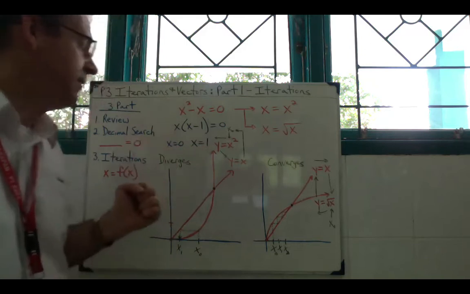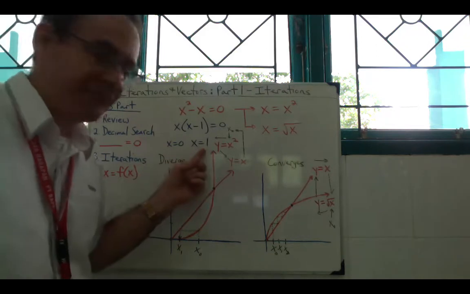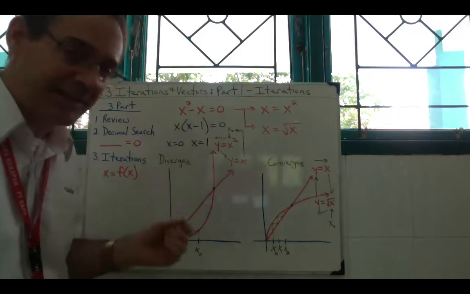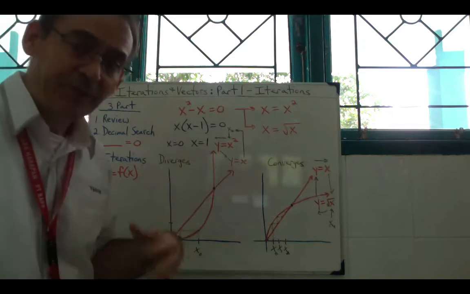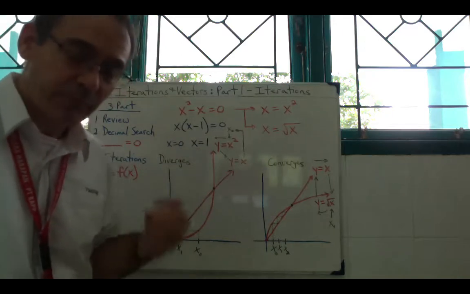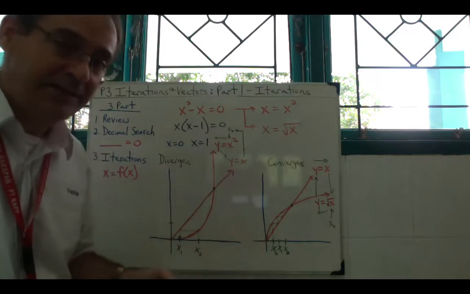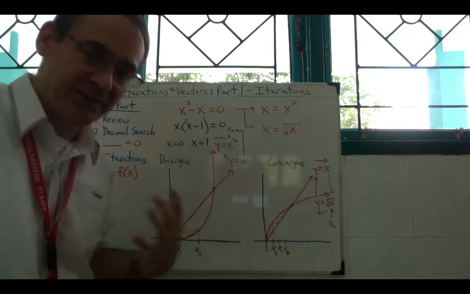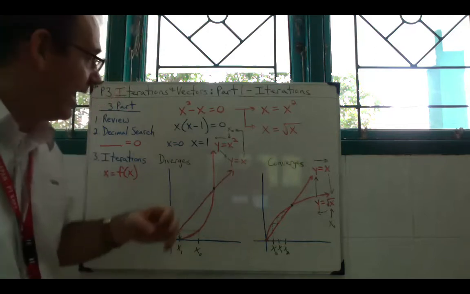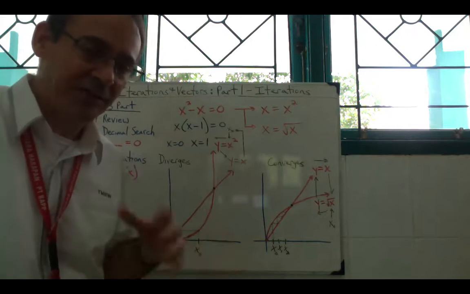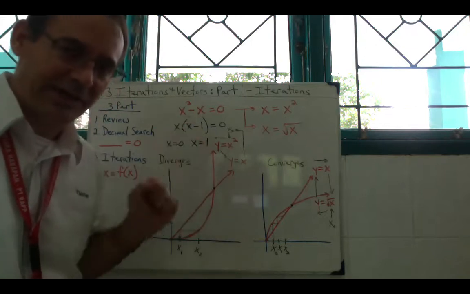But let's say that we are not after roots that are integers or even fractions. Let's say we're after roots that are irrational. They're going to be decimals. Well, that's a lot harder to find, and you can't find it simply by factoring. And we're going to be dealing with equations that are far more complicated than quadratics.